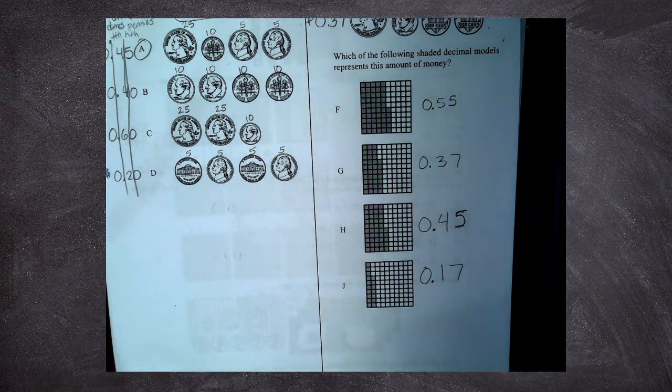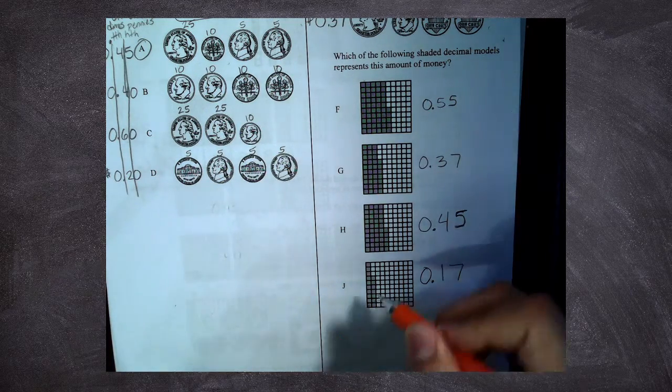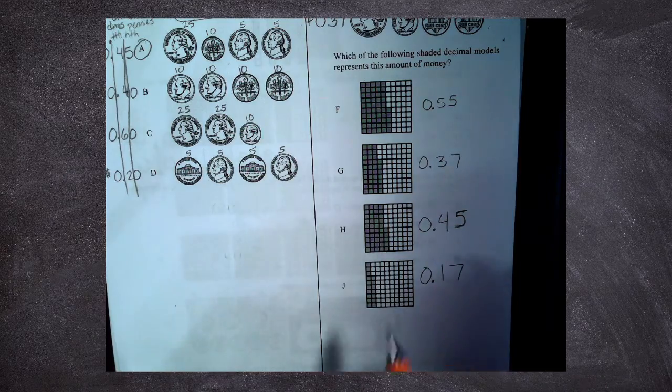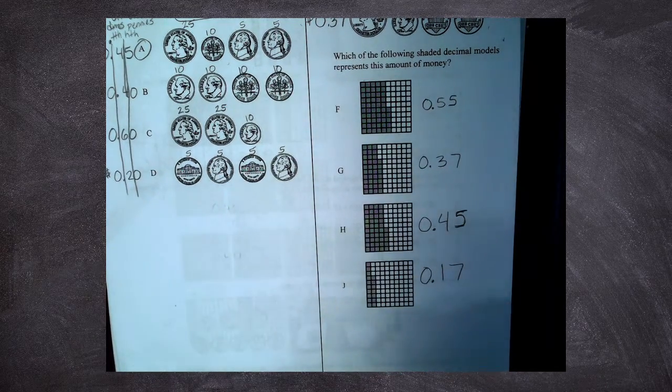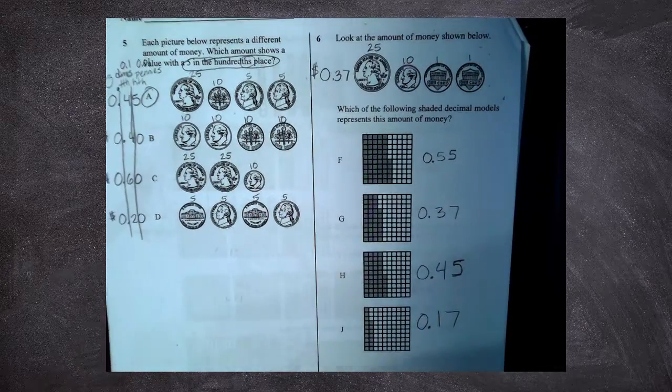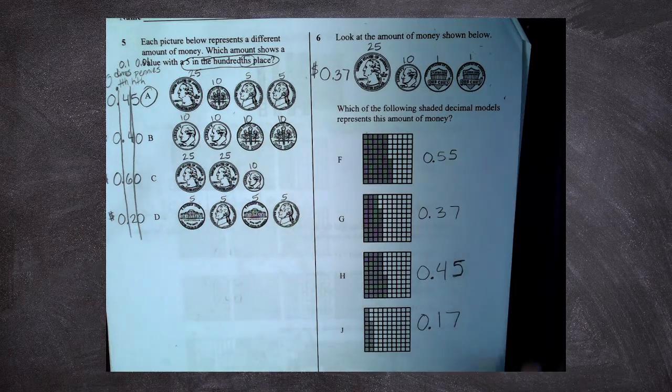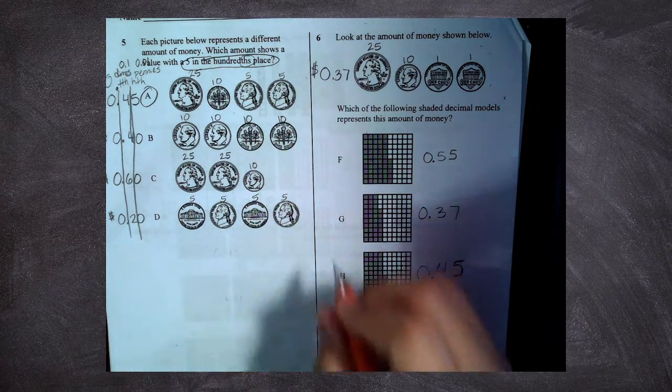Now you can see my paper, but that's why I asked you to also get out your paper, because you can use your pencil, and especially with the little hundredths, using the end of your pencil to help you count helps out a lot. And the only one that will match the amount of money that they gave me was that one.